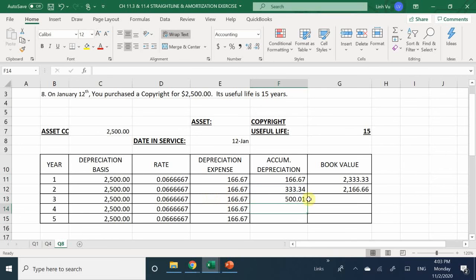Good. And the book value is $1,999.99. So then what happened in the 4th year? What's my accumulated depreciation going to be? $666.68. Good, bringing my book value to $1,833.32.